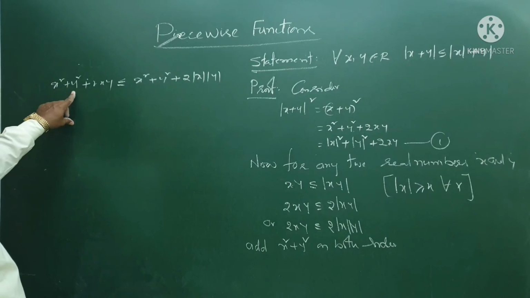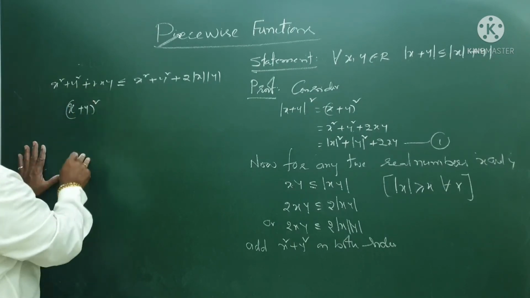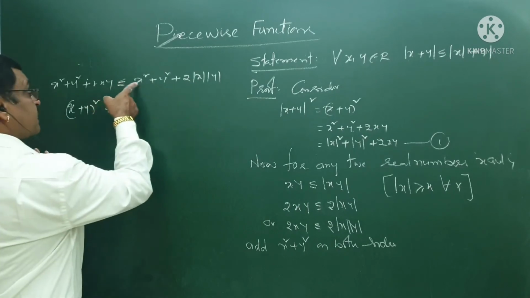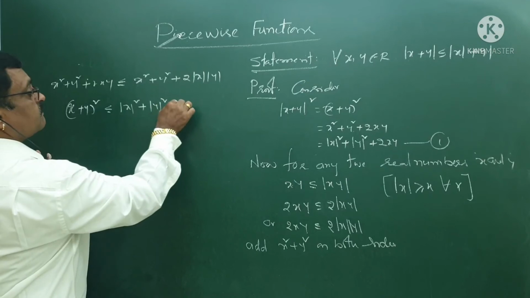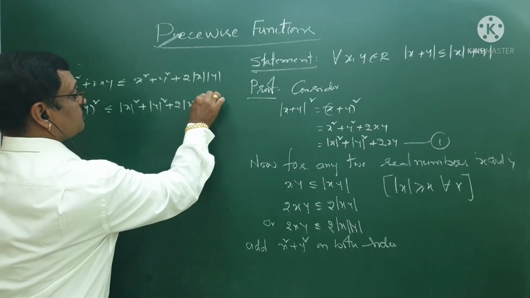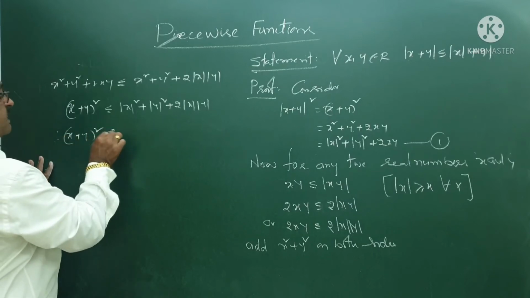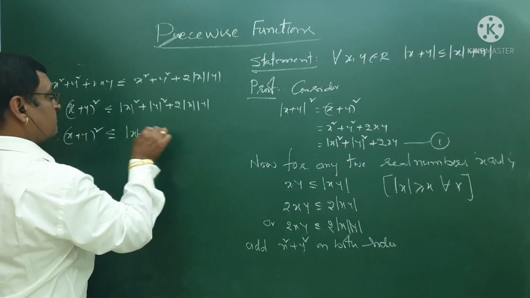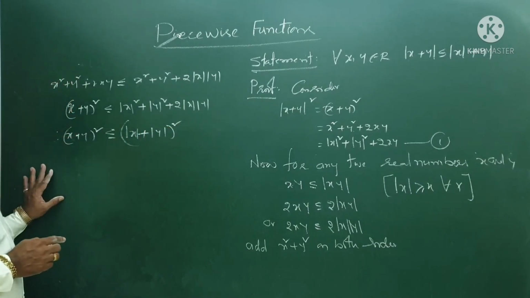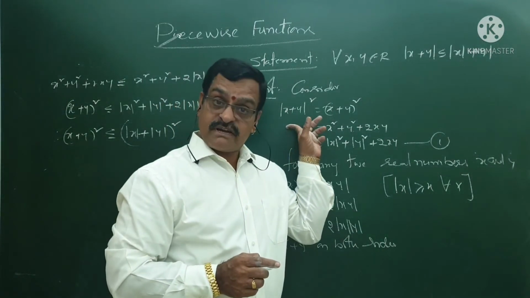And this x square plus y square plus 2xy is nothing but x plus y whole square, less than or equal to, I can write x square as mod x whole square, mod y whole square, plus 2 times again mod x into mod y. Therefore, we have x plus y whole square is less than or equal to mod x plus mod y whole square. But x plus y whole square is equal to mod of x plus y whole square.